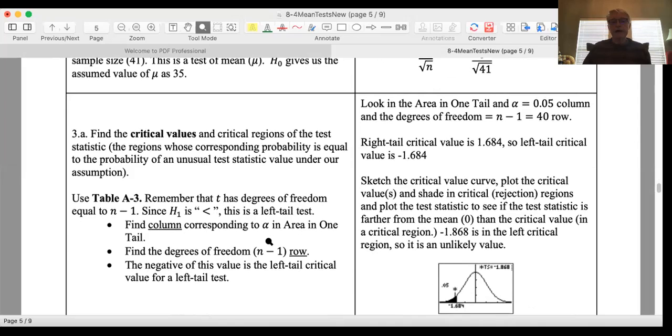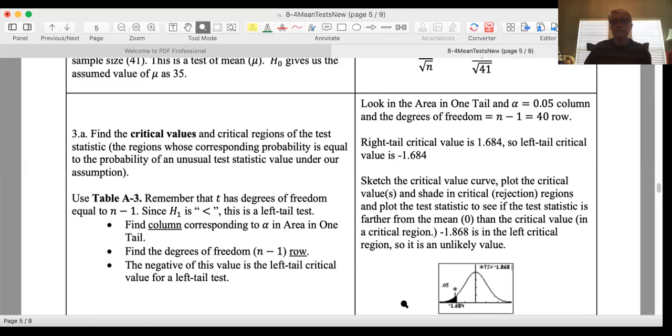We go down that column to the degrees of freedom row, which in this case is 40, n minus 1, 41 minus 1. Remember the table only gives us right-tailed values, so for a left-tailed test we find the critical value and change the sign.